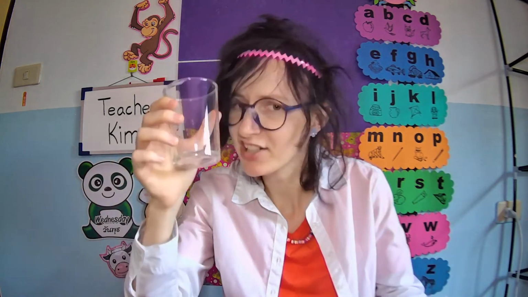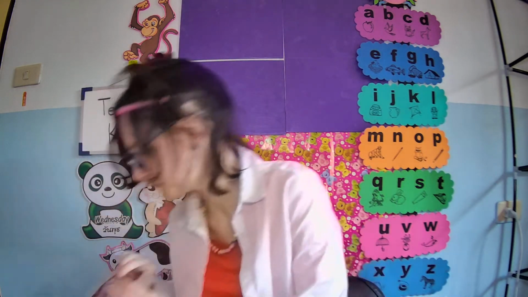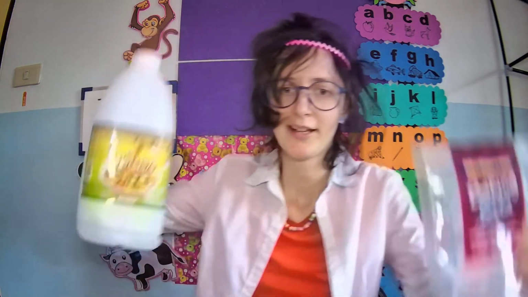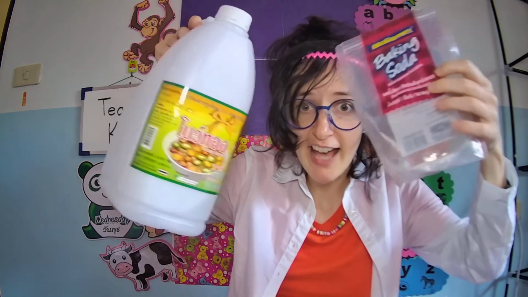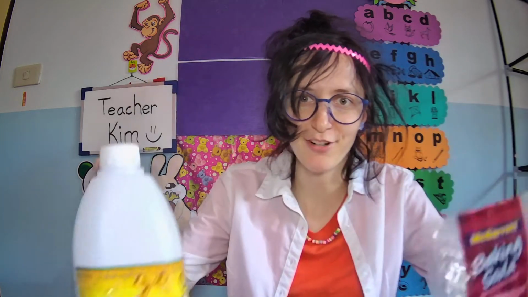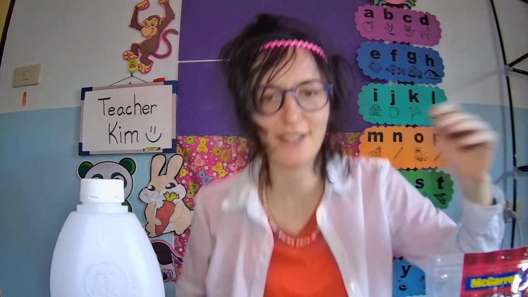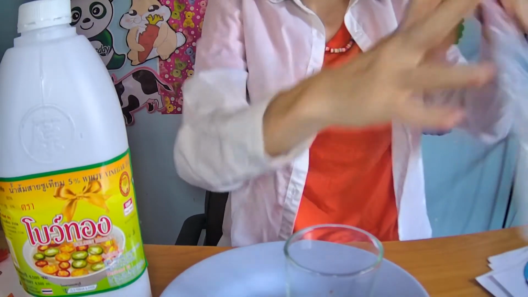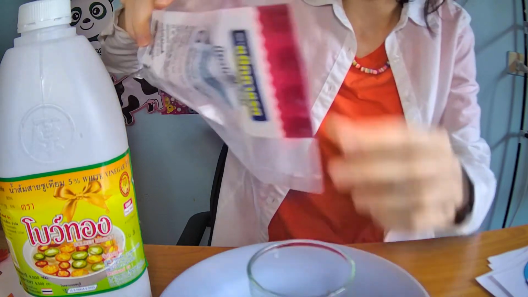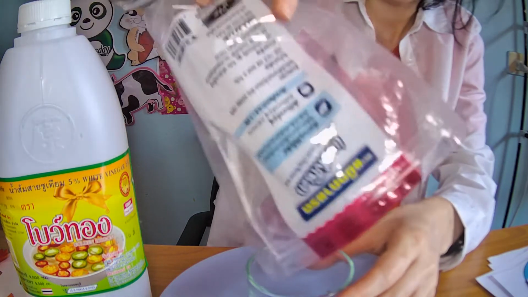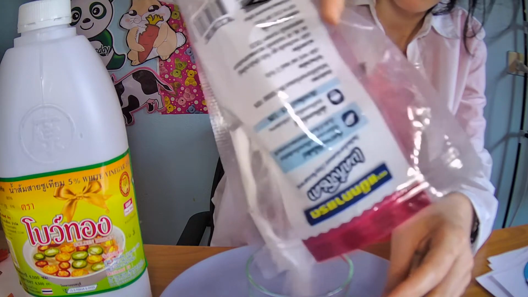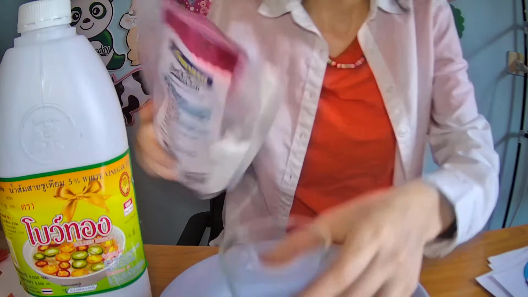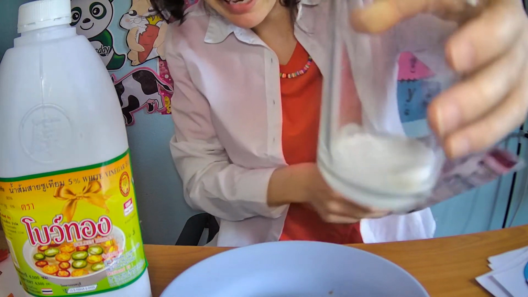I need a glass and I need some baking soda and I need some vinegar. When I add these, I will have a chemical reaction. So let us try. Right, here is my glass. I will add the baking soda. Okay, here is some baking soda in the bottom of the glass.